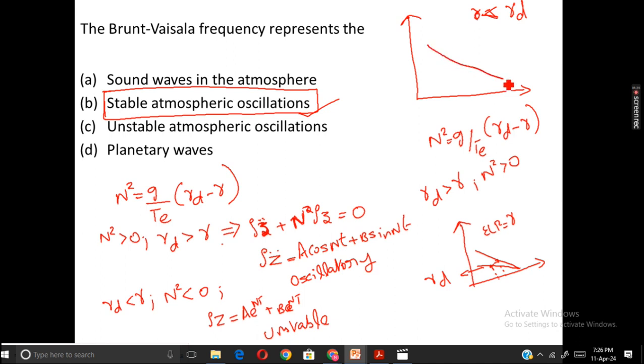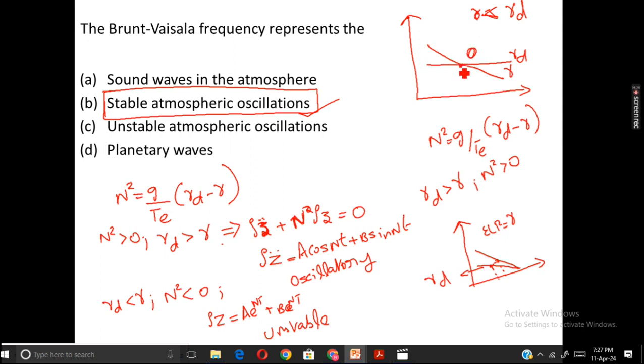So this is the environmental lapse rate. This was gamma. This was the condition. So now there was an initial point O.